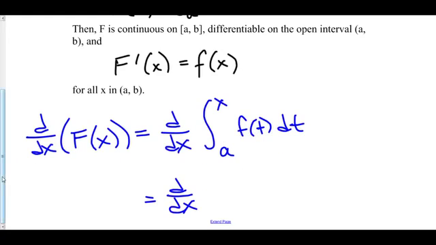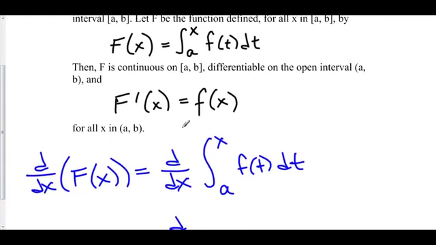Well, if we go backwards in this theorem, which we should never do, but for the sake of argument, let's do it. If we go backwards, the derivative of big F is little f. Well, what that means, by definition, is that big F is the antiderivative of little f. It's one up the ladder of derivatives from little f. So we can use big F as the antiderivative of little f.